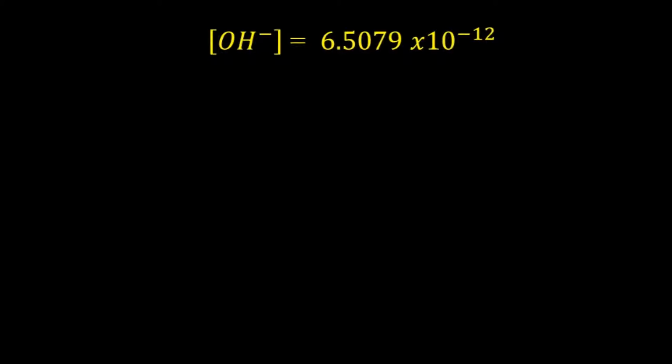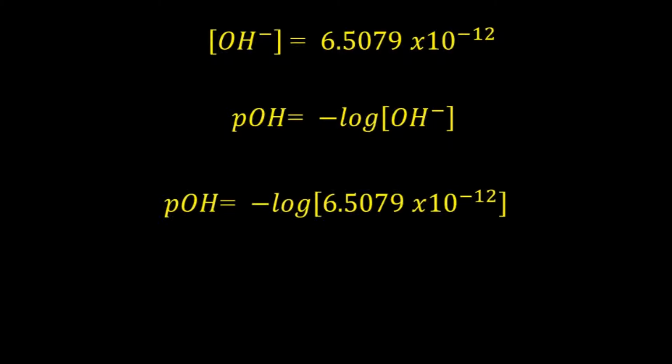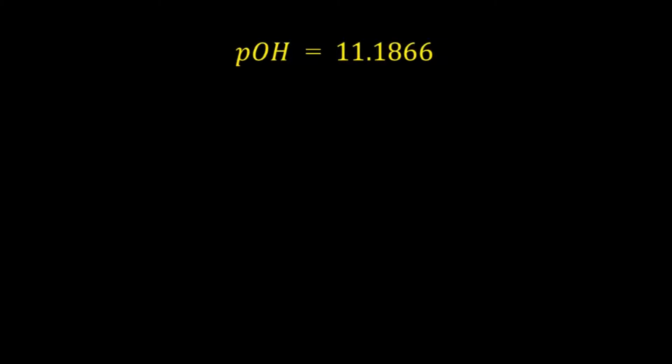Now we're going to take the OH and apply the equation to find the pOH. The pOH equals the negative log of the OH negative concentration, and the pOH is going to be 11.1866.